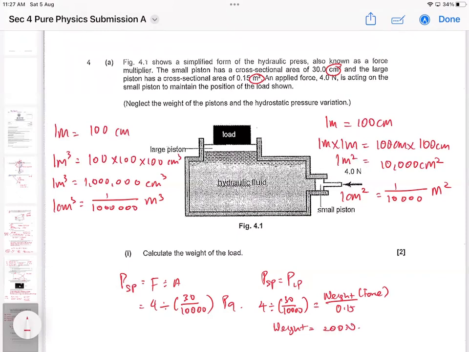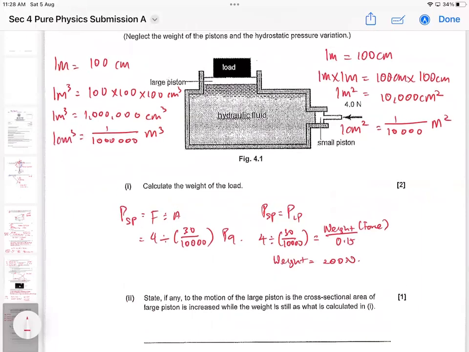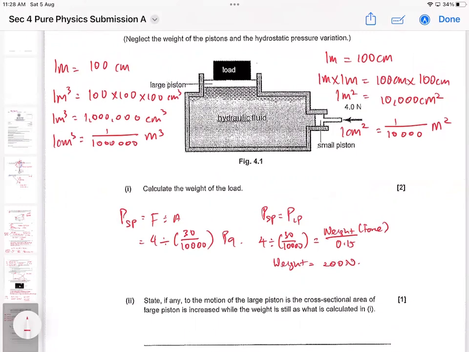Okay, this one, nothing much. For the large piston, because we push it in, the water or the liquid will be pushed up. So the motion of the large piston is likely to move upwards. So the large piston is going to move upwards, that's all.